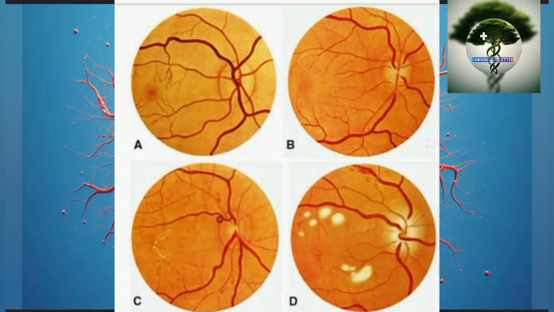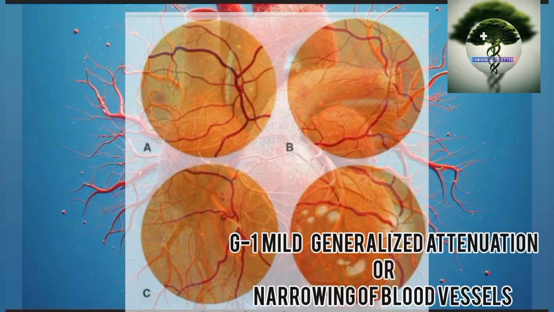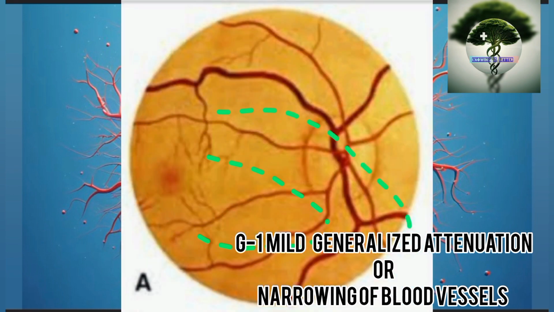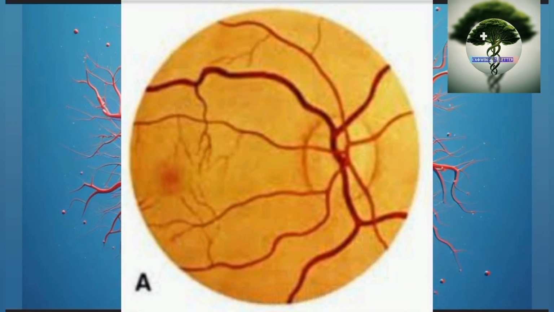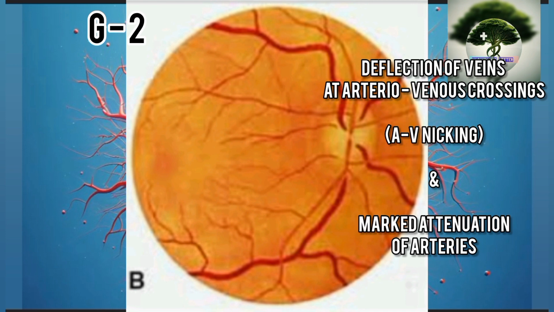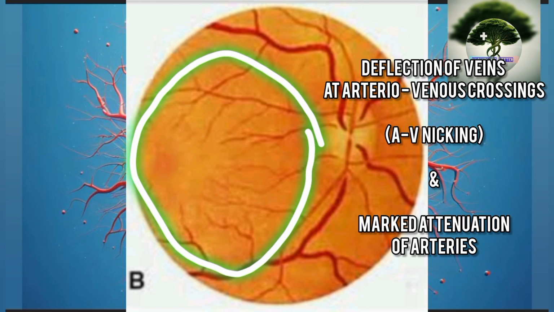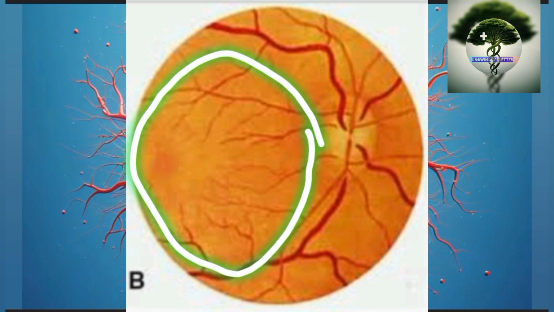In Keith Wagner classification, grade 1 is mild generalized attenuation, grade 2 is deflection of veins at arteriovenous crossing, that is AV nicking, plus marked generalized arterial attenuation.